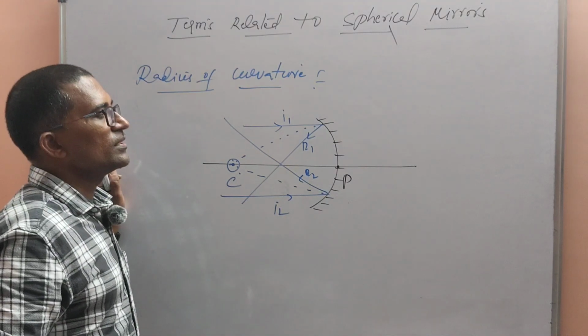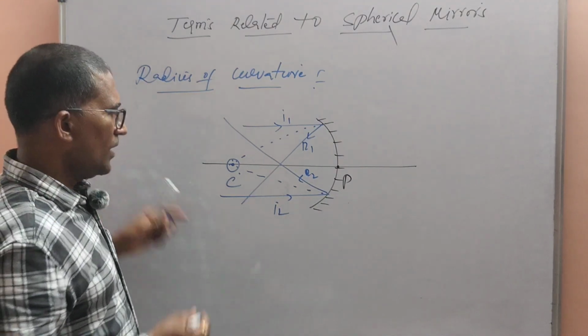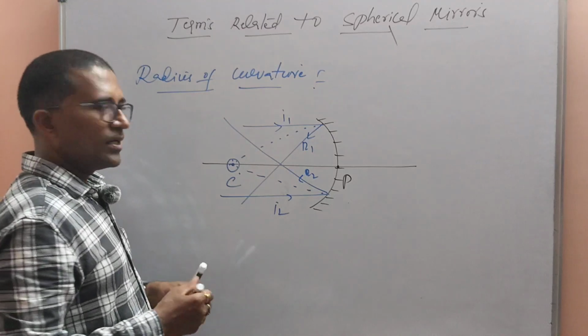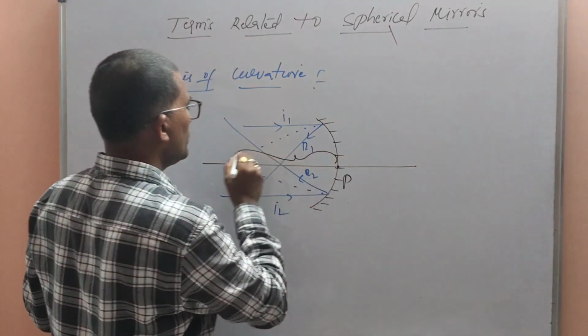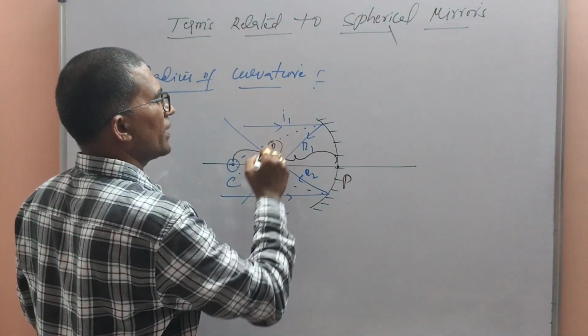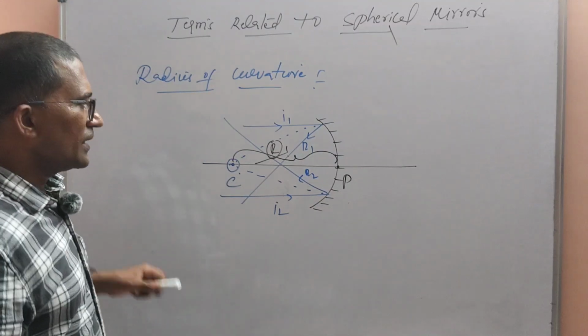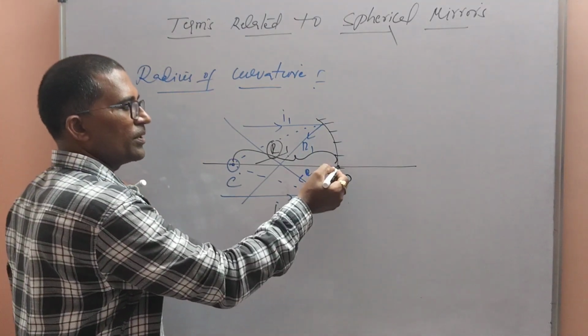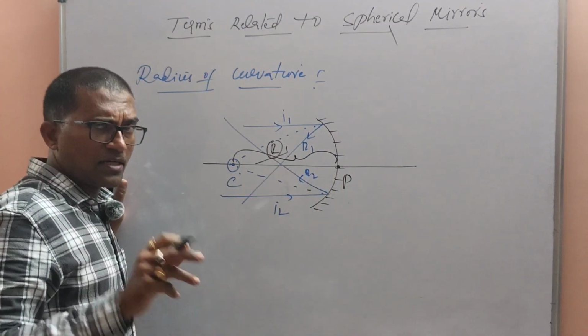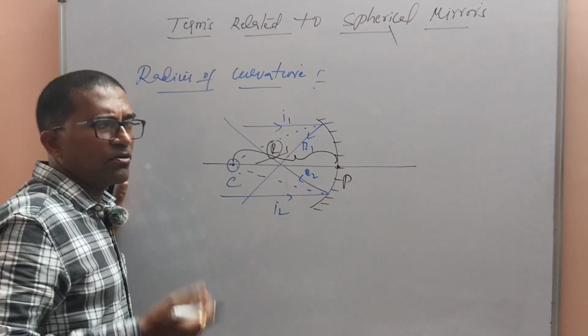So what is the meaning of radius of curvature, sir? Okay, the distance between the pole of the mirror and the center of curvature is called the radius of curvature. This applies to any curved mirror, that is, a concave mirror and a convex mirror.